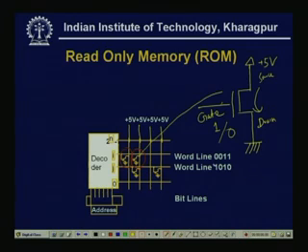So, this will be a word line 0 0 1 1. Similarly, for this word line, this is 0 1 0 1, and this is 1 0 1 0. Now, in this way we can define the ROM structure.